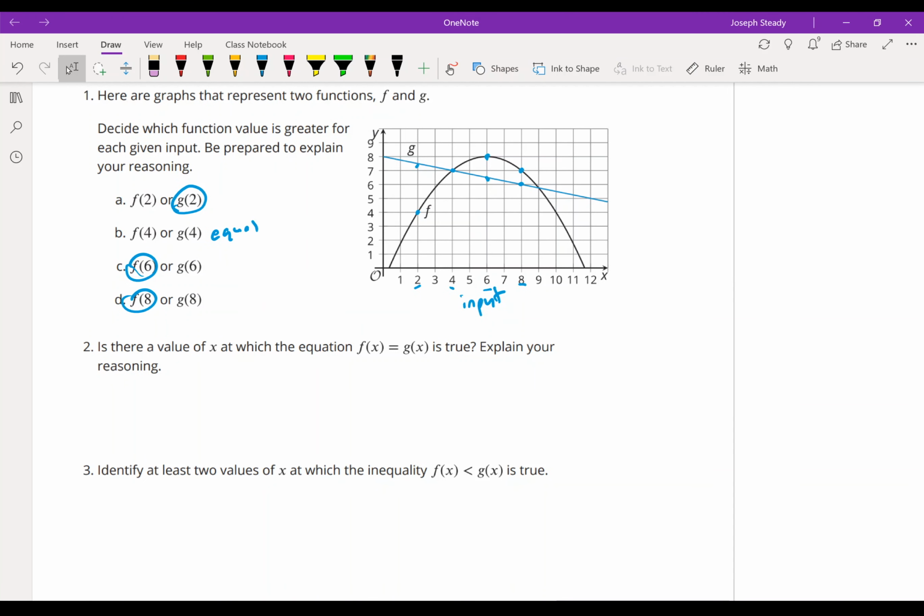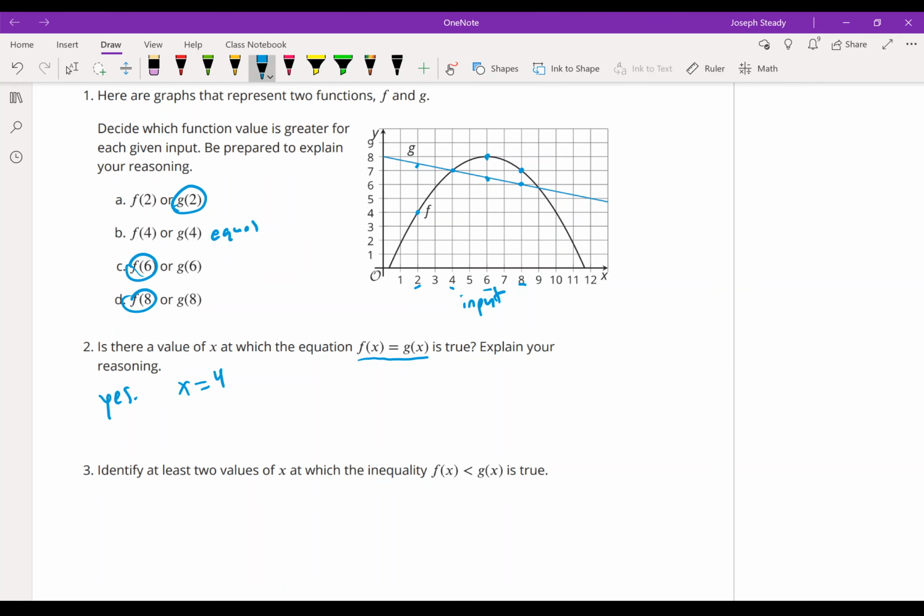The second part of this problem, we want to figure out, is there a value of x where this equation is true, where f of x equals g of x? Well, we actually found one of those in the first part. We found that when x was 4, f of 4 and g of 4 were both 7. So that's one place where this is true, when x equals 4.